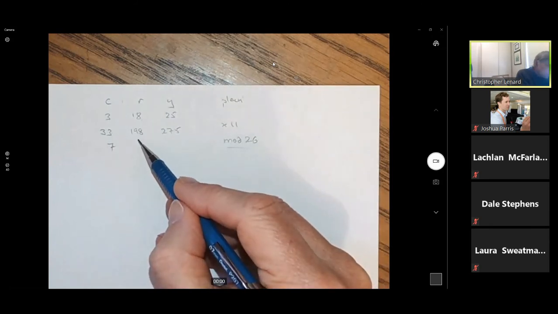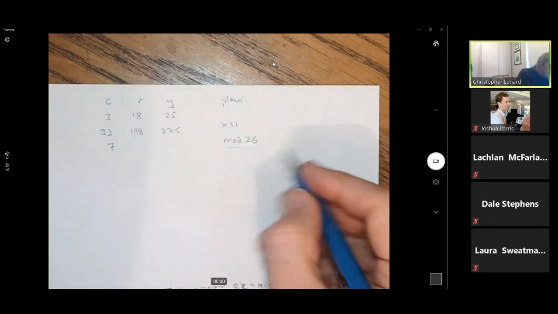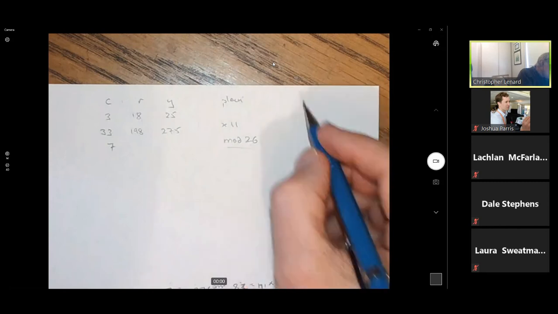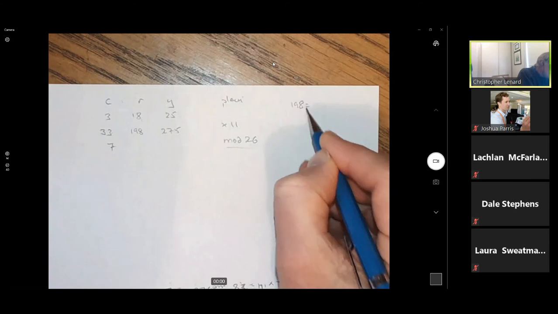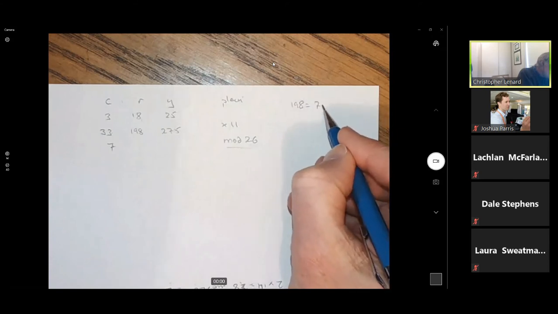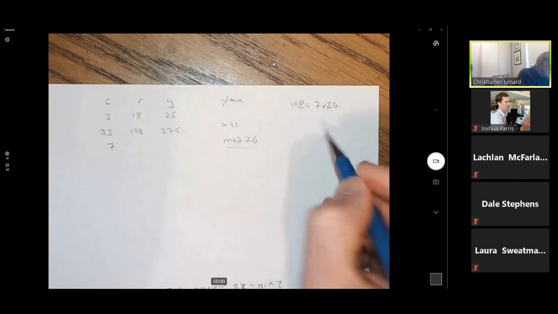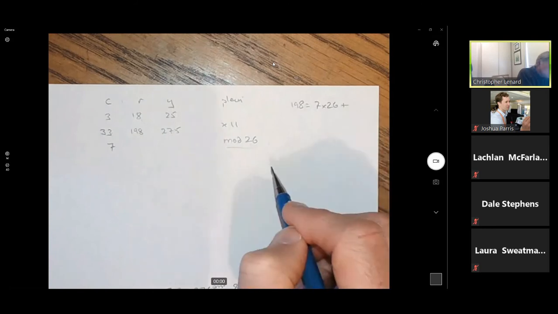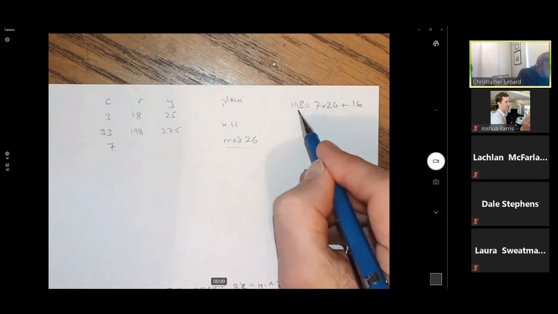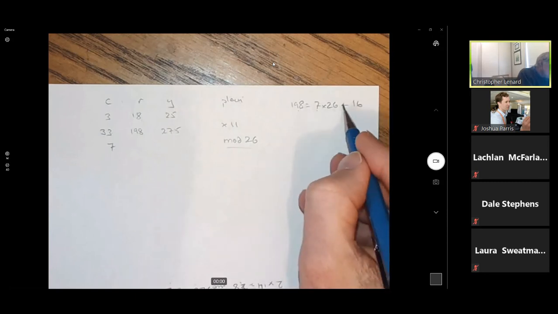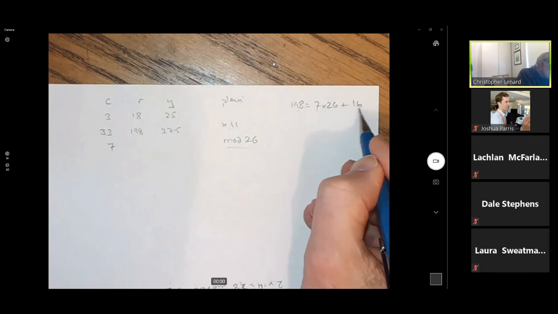Okay, what are you going to do with 198? Well, just over here on your scratch pad, 198 is 7 lots of 26, and the remainder will be 16. So 7 26s go into 198, with 16 left over.